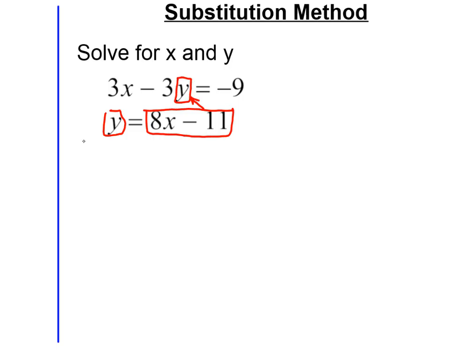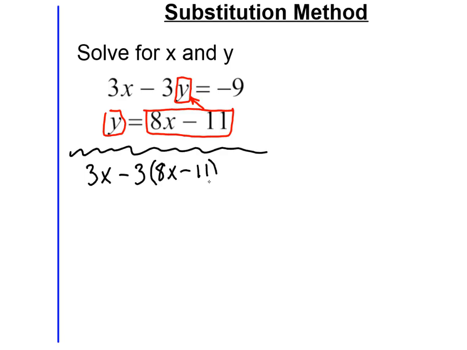With it plugged in, the first equation looks like 3x minus 3 times 8x minus 11 equals negative 9. What I've achieved is an equation with only one variable, an equation I can solve.